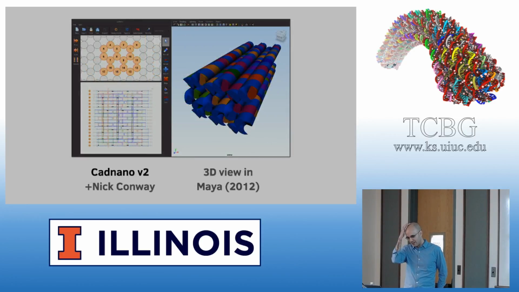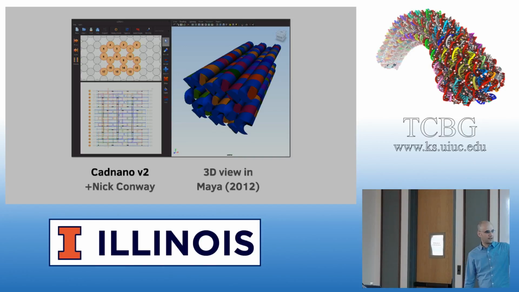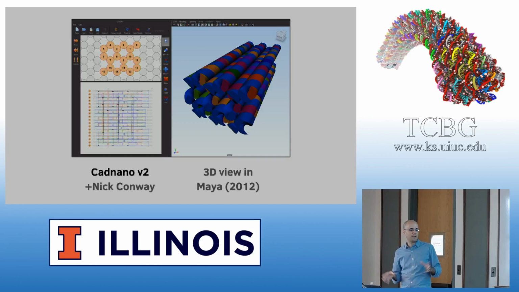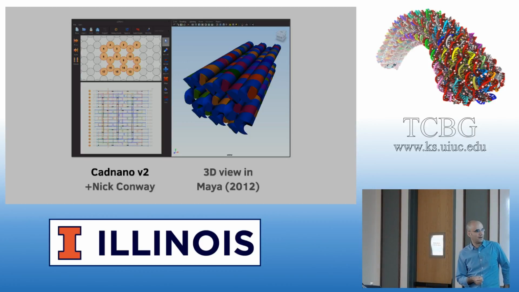So around 2010, I moved over to Wyss Institute and started working with Nick Conway, he's a mechanical engineer, but he loves software. He helped rewrite the entire Cadnano data model, and we ported it to Python and PyQt, which is another kind of GUI system.